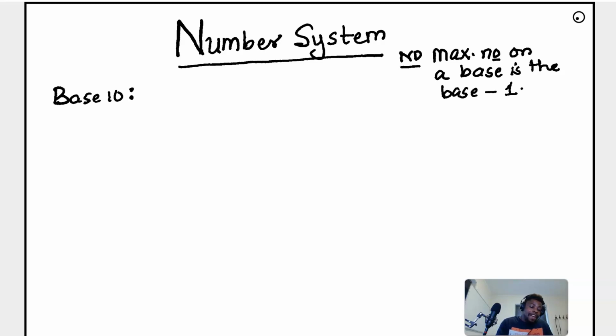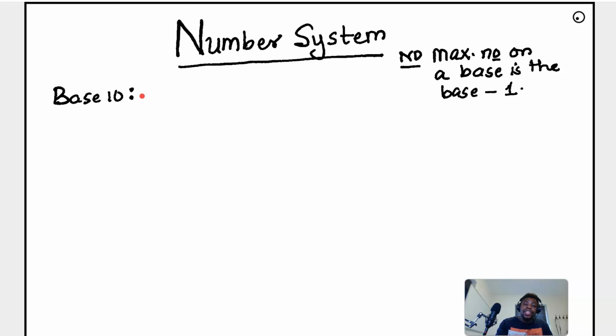So, we have base 10 now, right? We want to know the maximum number we can get on base 10. So I will say 10 minus 1, which is 9. So the highest number you can have on base 10 is 9.